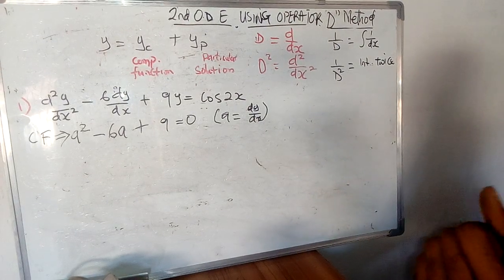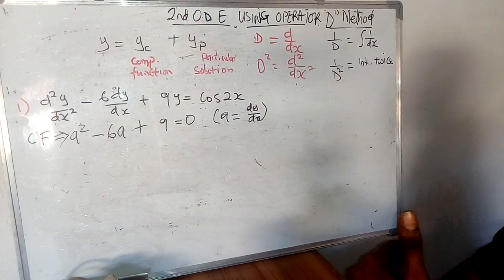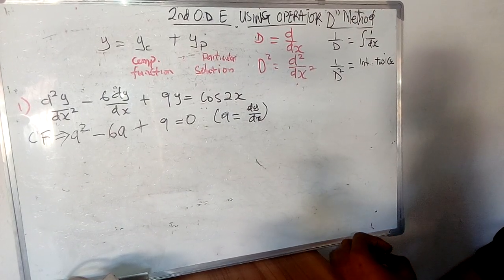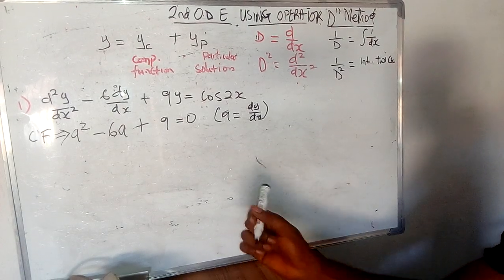We just substitute it the normal way that we solve a second order differential equation. If you don't know how to solve a second order differential equation, you can look through other videos that give an introduction and the ways to solve it. This video is just to bring out the shortest way to solve it. Okay?